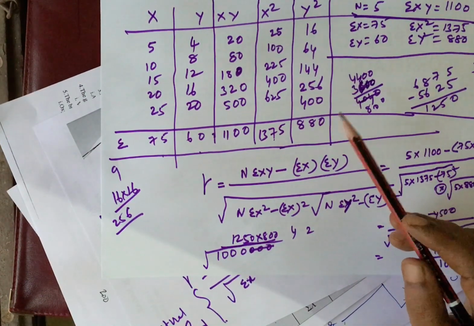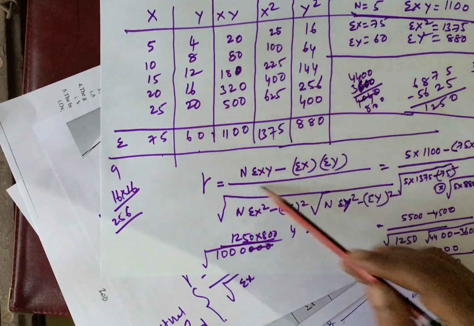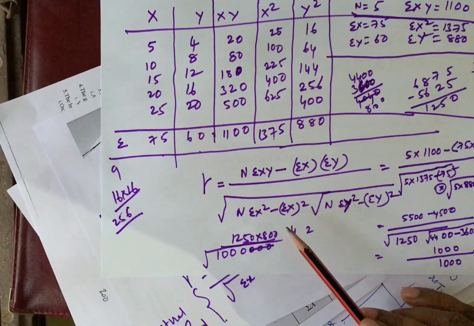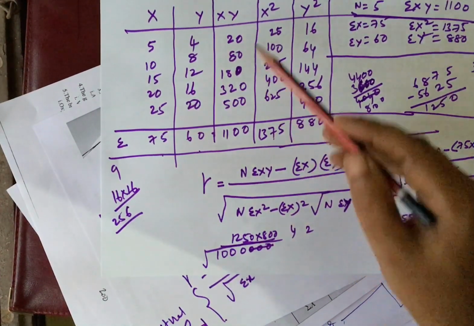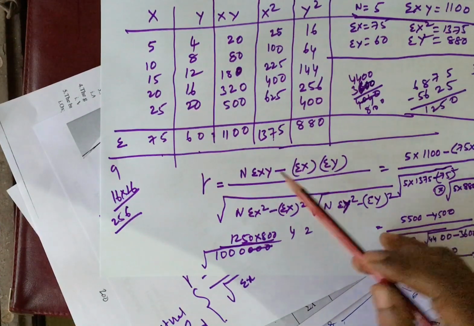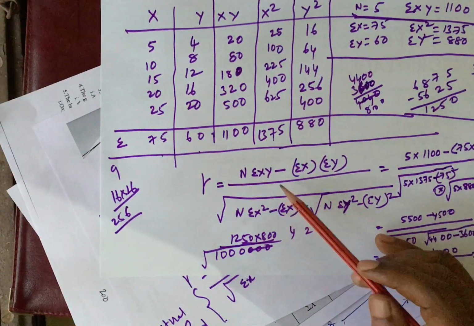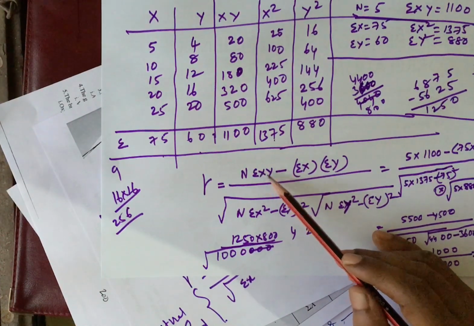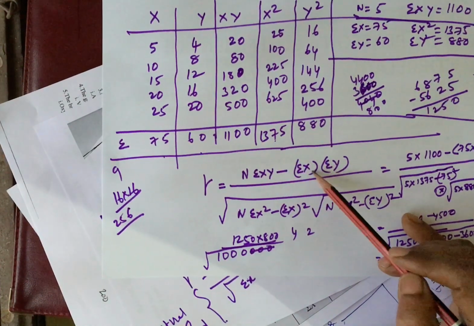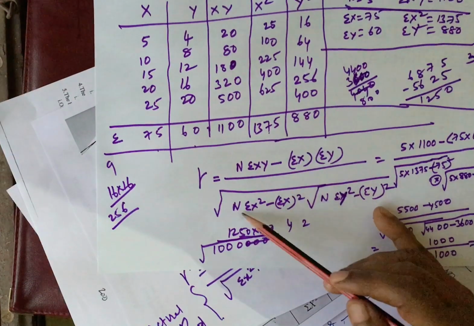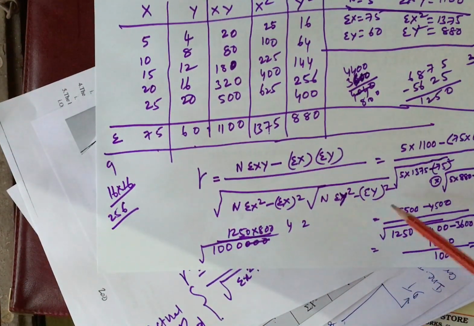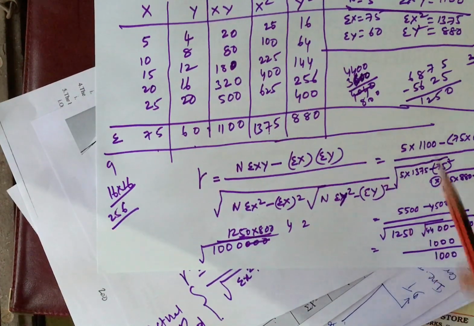Then instead of taking the numbers directly, we are assuming one of the numbers. By assuming, the deviation is taken. Then the same formula will come, but the only difference is n sigma dx dy, sigma dx, sigma dy, same way n sigma dx square, sigma dx, but instead of capital X and Y we have to use small x, small y.